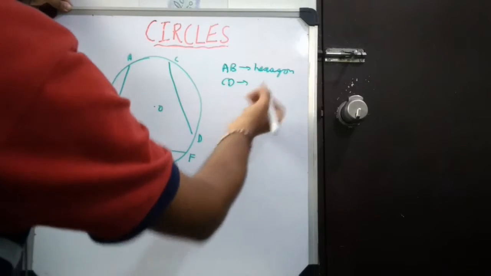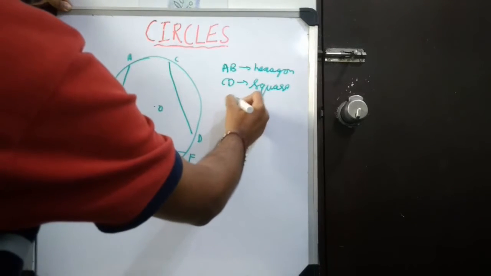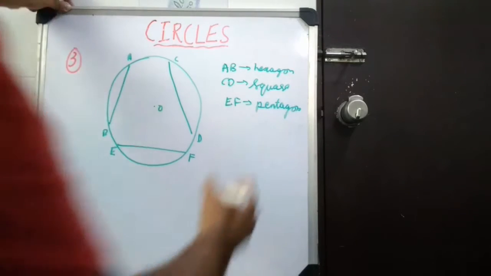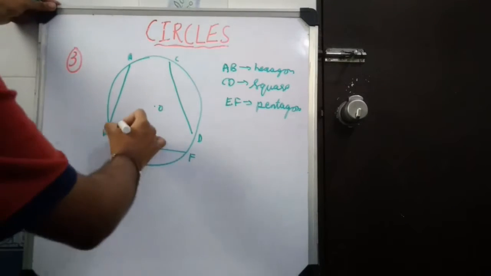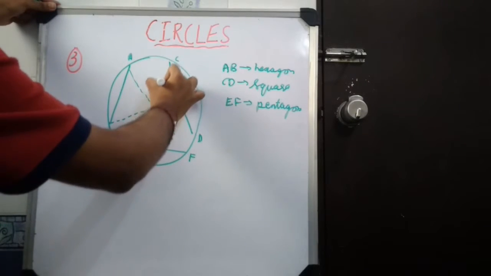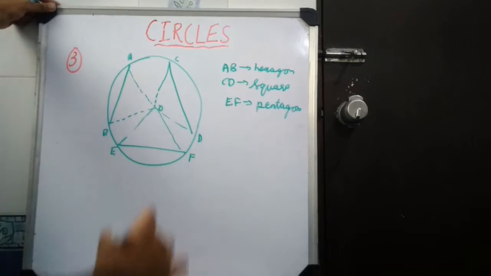CD is a part of a square. And let me say EF is a part of a pentagon. So it is a very simple trick to find the angle at the center, which the chord subtends at the center.